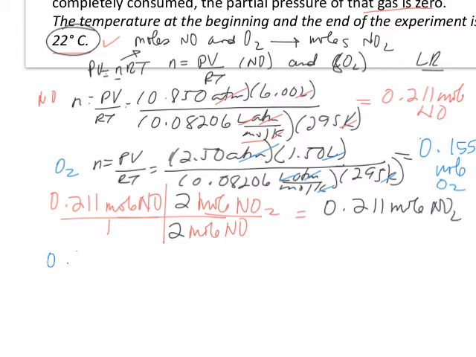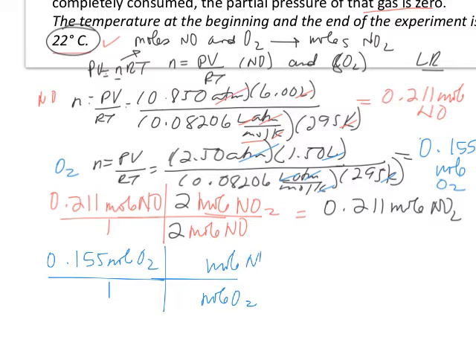We are going to do the same exact thing for our oxygen. We got 0.155 mole of oxygen, and we're going to go from mole of oxygen to mole of NO2. We look at our coefficients. There's nothing in front of oxygen, so that's going to be a 1, and there is a big 2 in front of NO2 in our chemical equation.